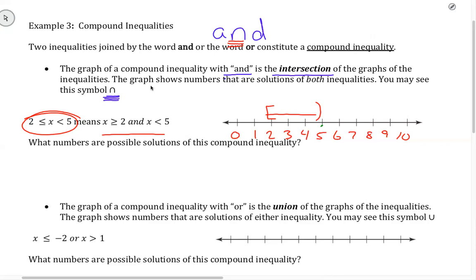Now, Ed, I'm throwing you a softball here. What are possible solutions to this compound inequality? Give me an answer to this compound inequality. What is the solution to it?